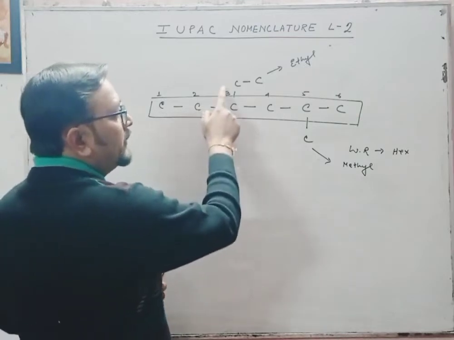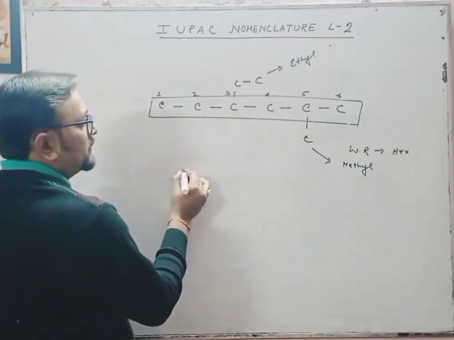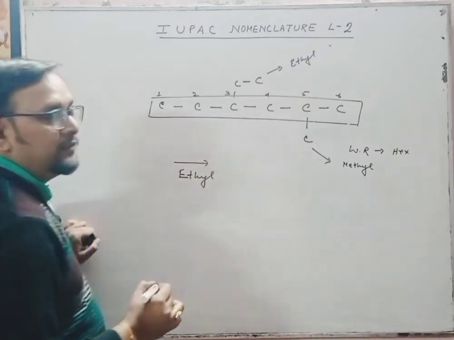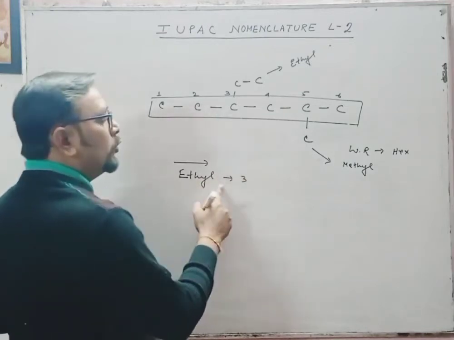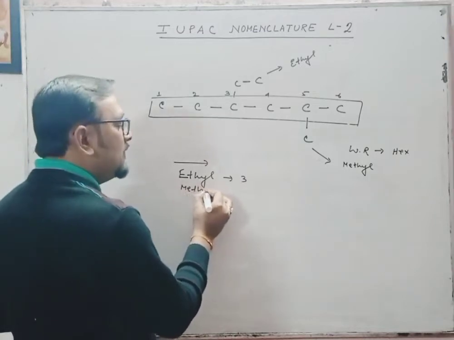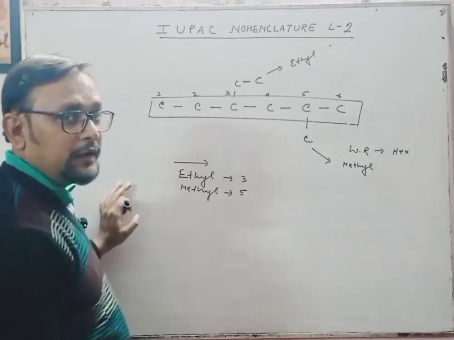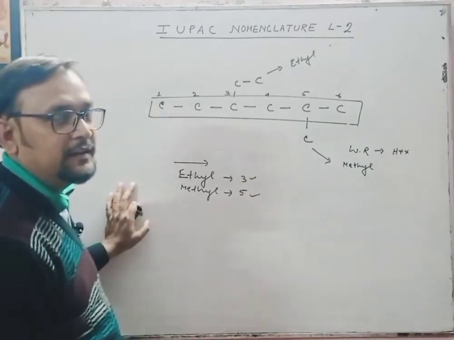Here 3 and 5. Let's write it here. If I am starting from left to right, ethyl is getting locant 3 and methyl is getting 5. So here you can see 2 different sets of locants.